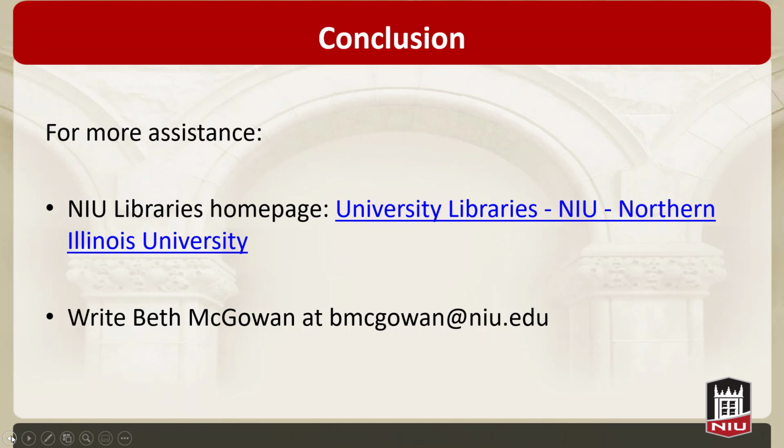Finally, you learned how to refine your results and locate the Find It feature that allows you free access to articles in PubMed. If you don't know how to use the Find It feature, there is another tutorial for that on our help page at NIU.